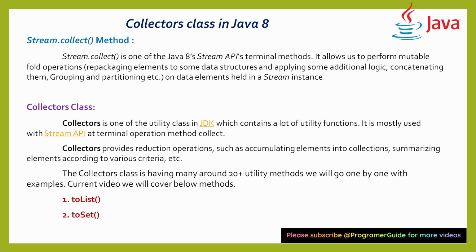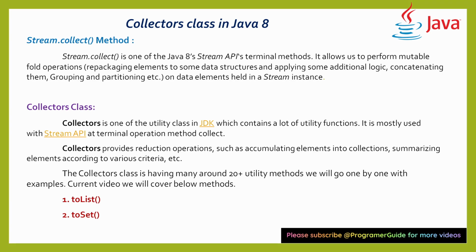Now we will see the Collectors class. Collectors is one of the utility classes in the JDK which contains a lot of utility functions, as I discussed earlier. It is mostly used with the Stream API at the terminal operation method collect: collect of Collectors.groupingBy, Collectors.partitioningBy, or toMap, toList, toSet, everything is used with the collect terminal method.